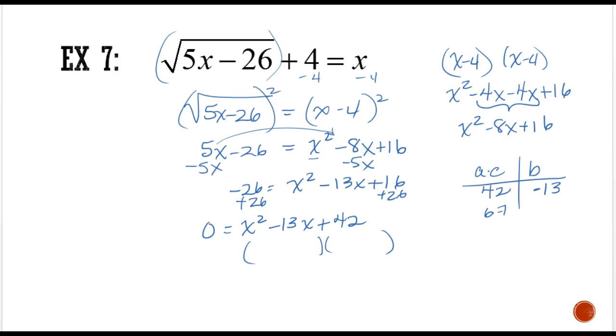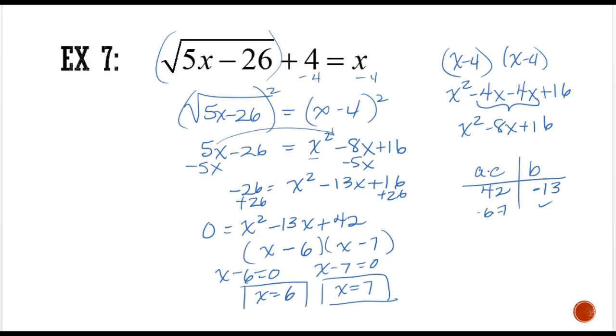Well, if I make them both negative and add them, I get negative 13, so it works great. Negative 6, negative 7, x and x. Just like before, we're going to set each factor equal to 0 and solve it for x. x equals 6 and x equals 7. So I have two answers. Perfect. Exactly what I wanted.